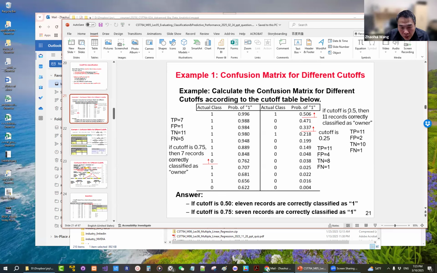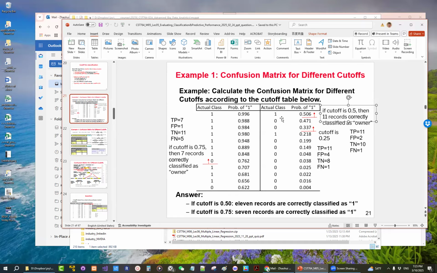Just for this example, the cutoff value is 0.5. So if 11 of those are correctly classified, essentially we have to account for the record 0.506 and the ones before that, but actual class must equal 1, which is where we got the number 11. Is that right?